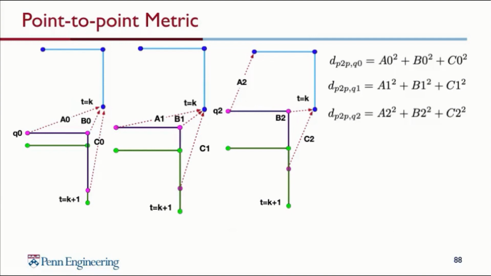Now, one thing to note here is that the closest point for point A with transform Q2 has changed to a different line segment. Now, the key thing to note is that the score for all of these three transforms are going to be different. And so from the perspective of an iterative algorithm that is searching through these possible transforms, each of these transforms are possible candidates which the algorithm needs to search over.